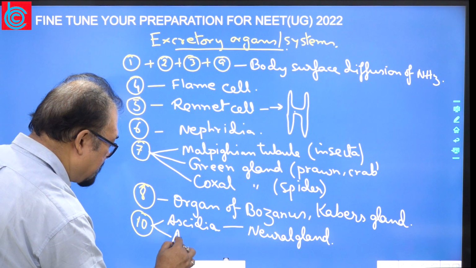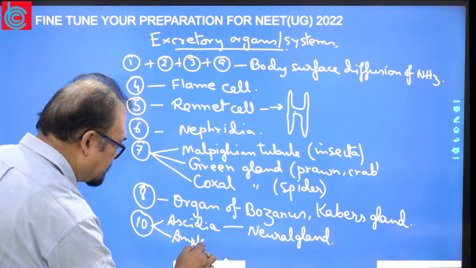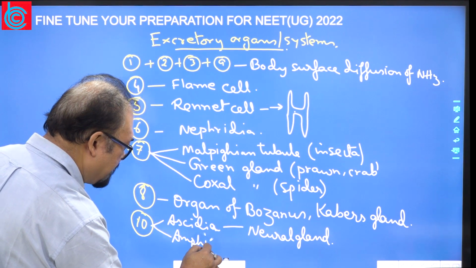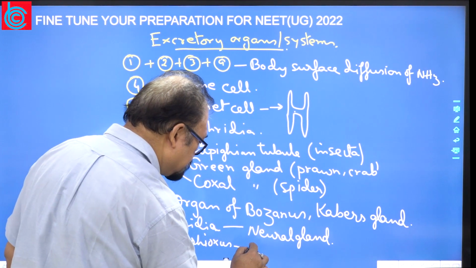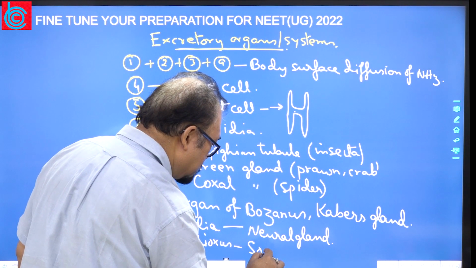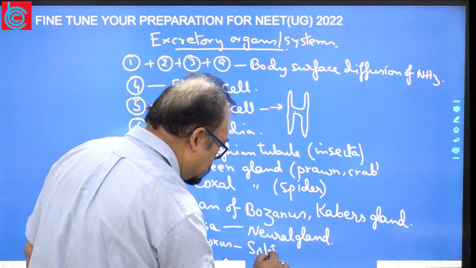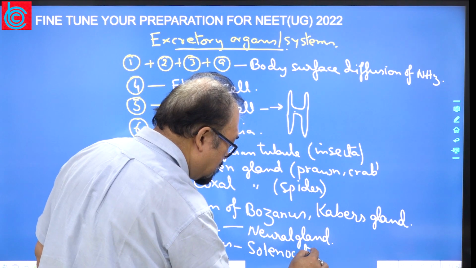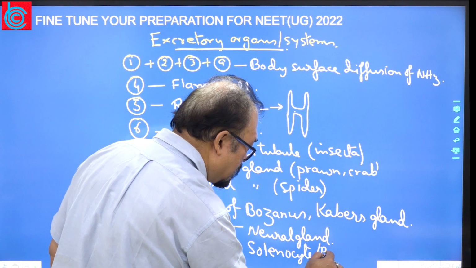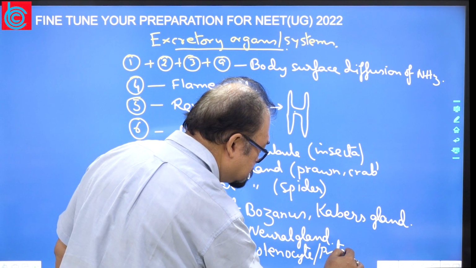In Amphioxus, that is the cephalochordata, it is solenocyte, or it is also called protonephridia.